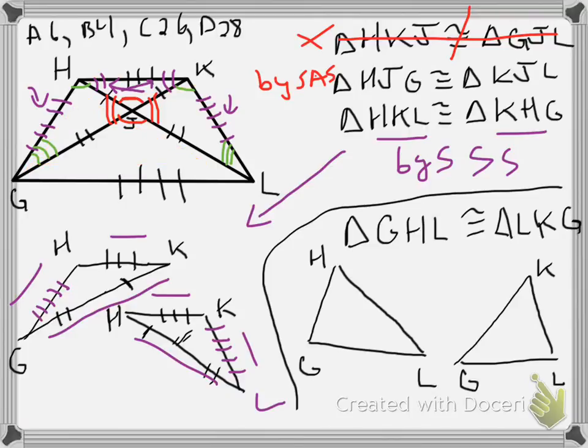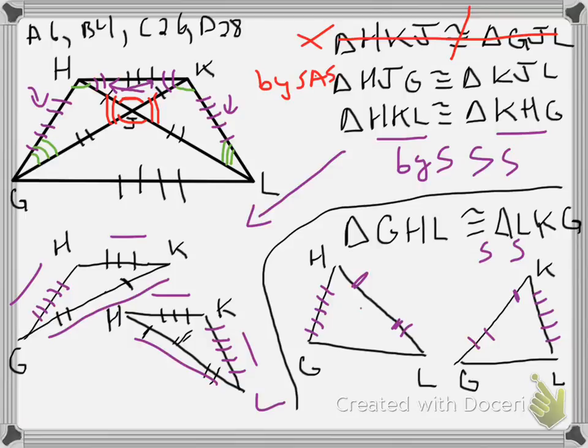First of all, GH and KL are both 1, 2, 3, 4, 5 long. So that's an S. They both share HL and GK are the same. This has a 1 mark and then a 2 mark. This has a 1 mark and then a 2 mark, so that's another S.